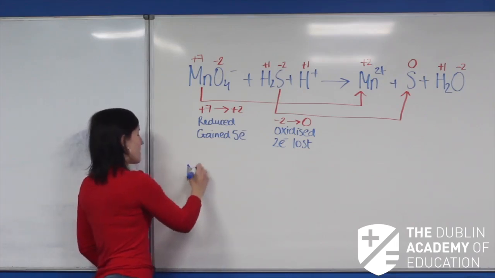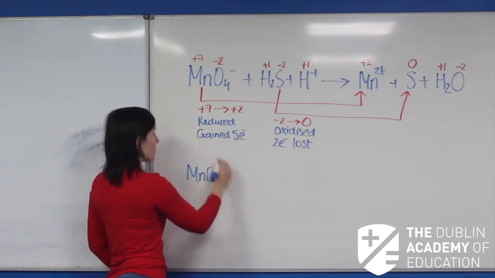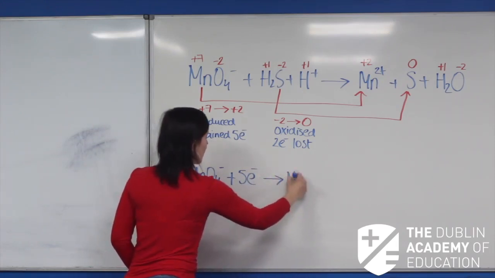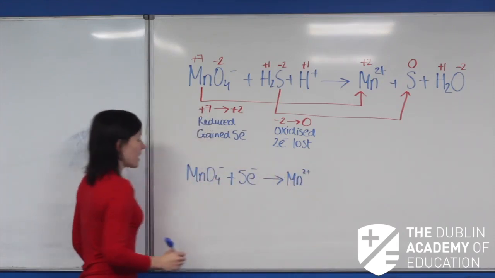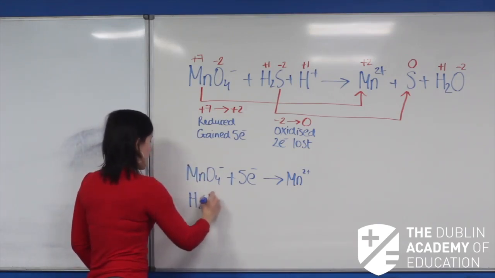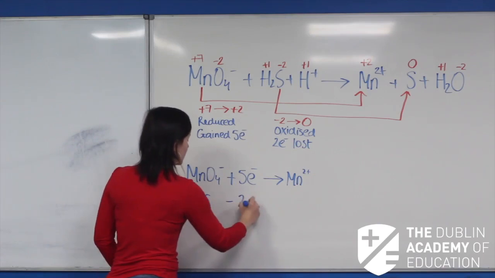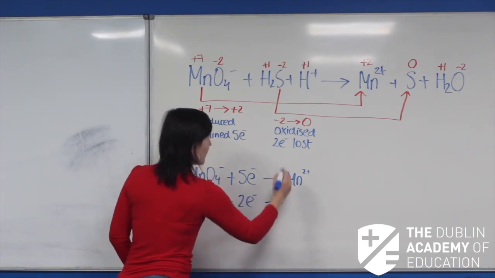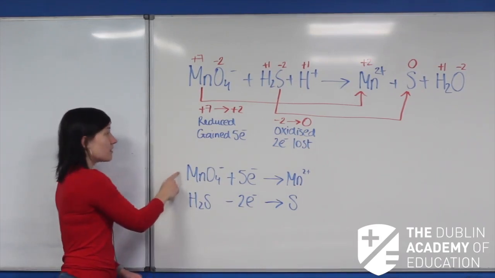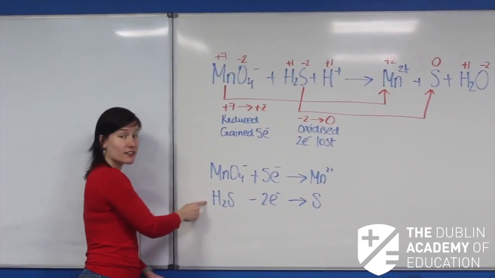So we have MnO4 minus plus 5 electrons gives us Mn2 plus. Okay, then we have our oxidation, so H2S minus 2 electrons, gives us S over here on the right hand side. Okay, so this is our reduction, this is our oxidation.